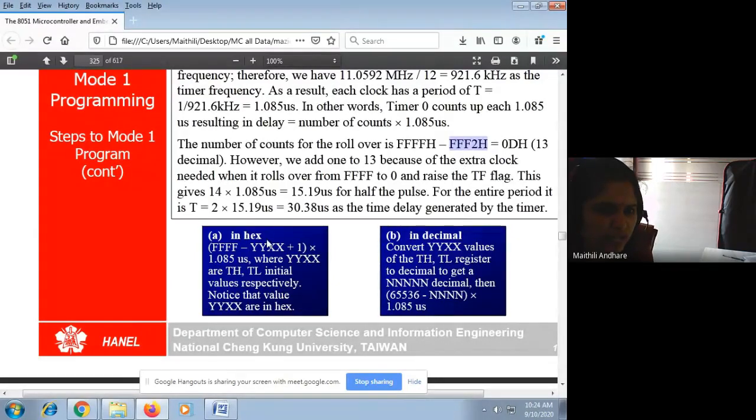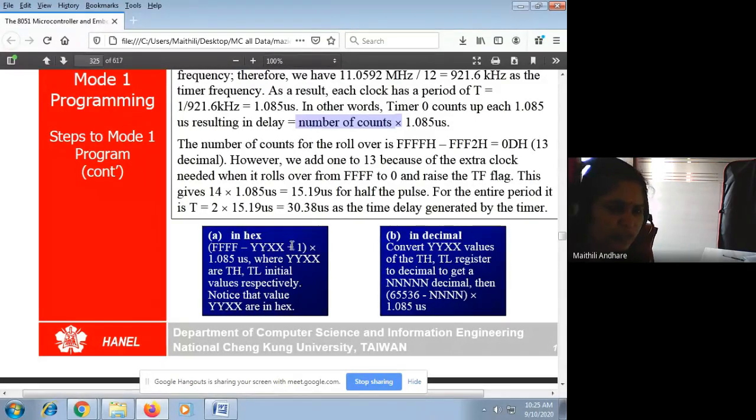This value is called YYXX, where XX will be the lower byte and YY will be the higher byte, that's why. Plus 1, bracket close. Then you will get the number of counts. Are you getting the formula? Maximum value minus that initial value plus 1 will be equal to the number of counts, into 1.085 microsecond. So YYXX is TH and TL, the initial values respectively, loaded in the timer register.